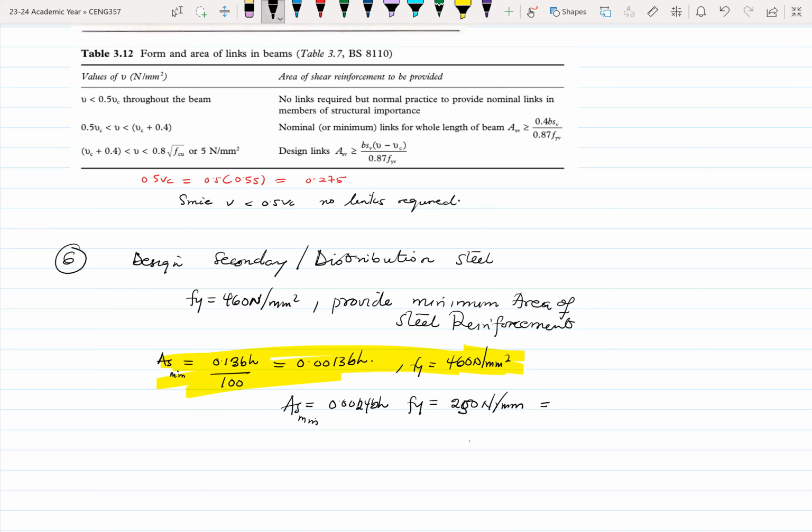So our AS will be 0.0013, a B of 1,000, and an H of 200. The H is the height of the slab. And this will give us 260 millimeter squared per meter.